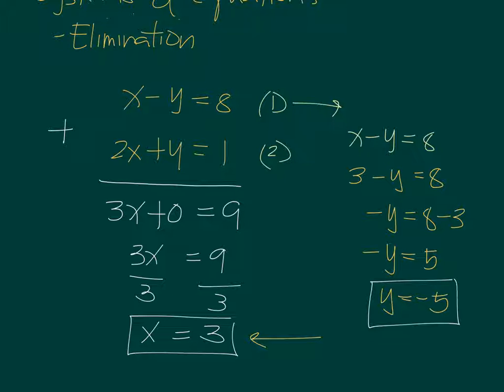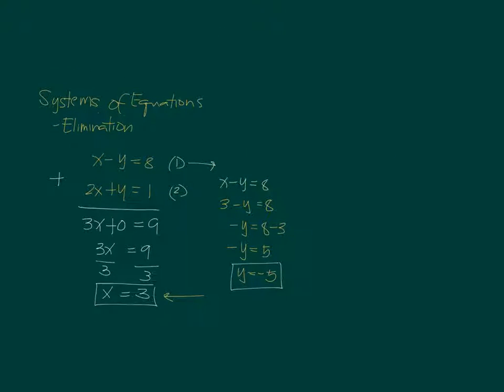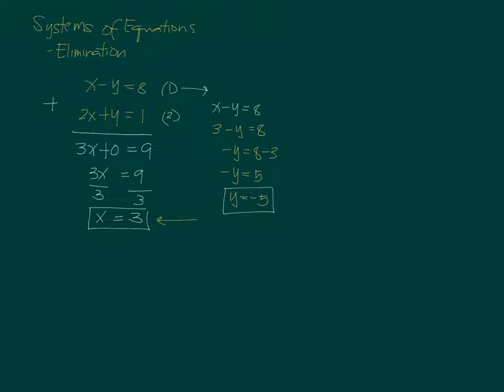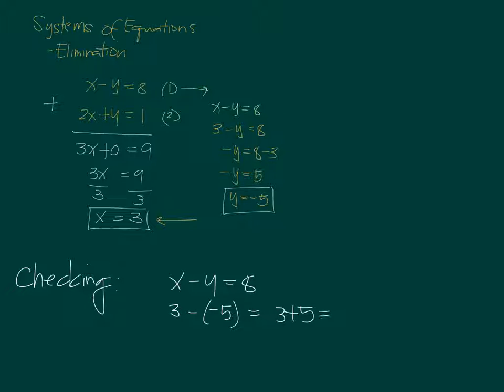So how do we check if we got the correct values for x and y? For checking, you need to substitute the values you obtain to each equation given in the system of equations. So if x minus y is equal to 8, and x is 3, and y is negative 5, this is 3 plus 5 is equal to 8. So that's a check.